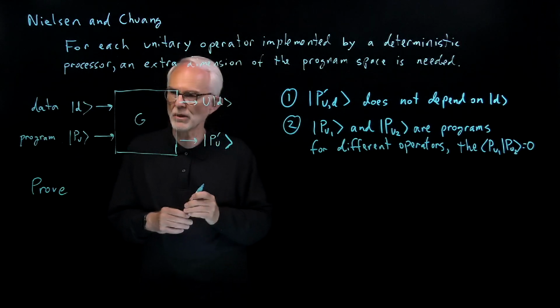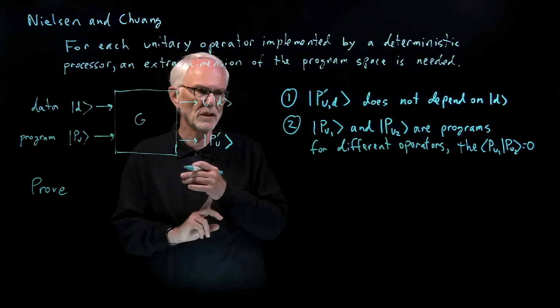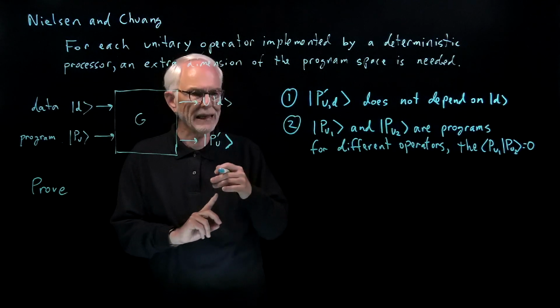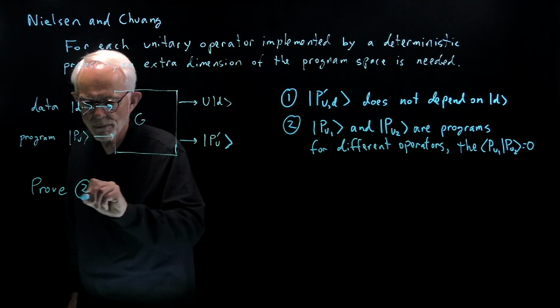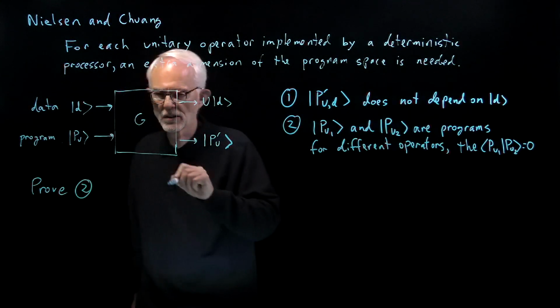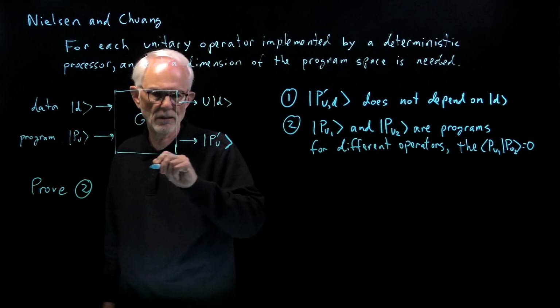So now I'm going to write down, very similar to what I did before, but instead of 2 different data states, I'm going to have 2 different program states. So we're going to prove 2. Let's write down our 2 different operations again.